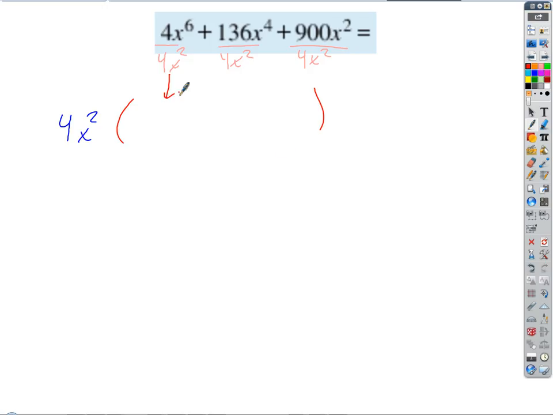Okay, well, what's the first one going to give us? What's 4x to the 6th, Justine, divided by 4x squared? What do you think? What happens to the 4s? They'd cancel, right? Okay, and then x to the 6th over x squared would be, no, not cubed.